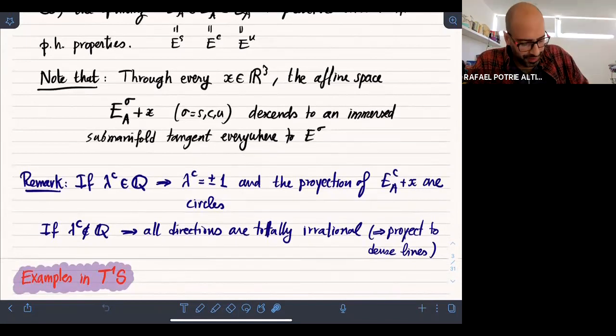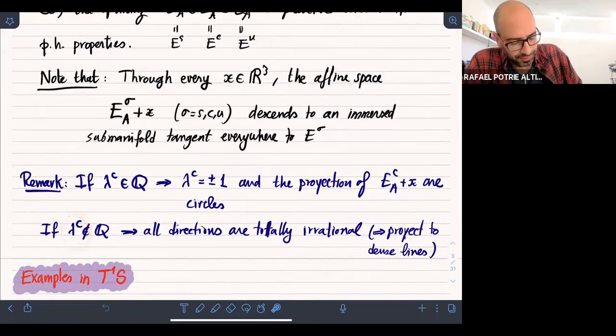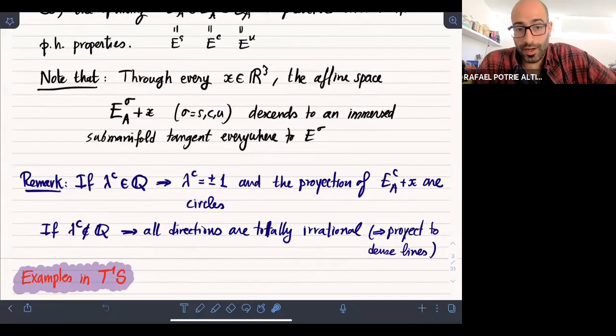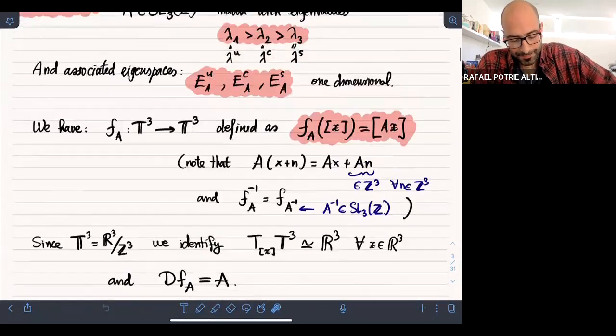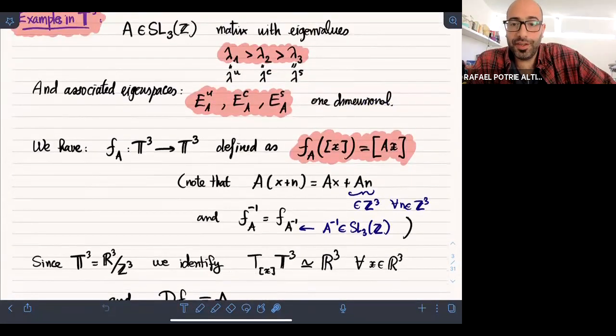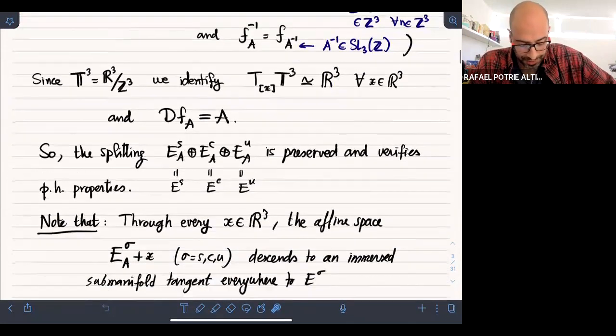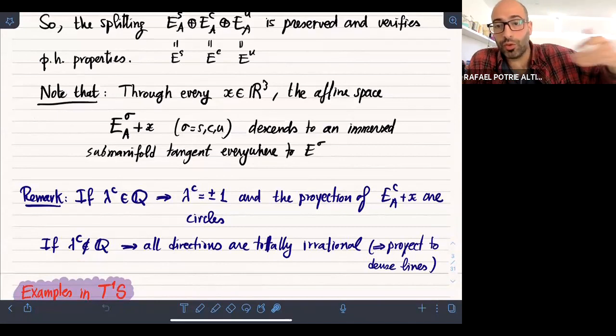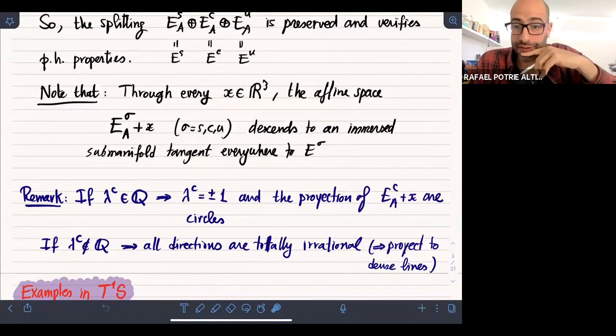It only depends on the center, because the only rational eigenvalues you can have are plus or minus one. Since we are assuming that the three eigenvalues are real and different, you can only have one rational one, and in this case you get circles. If the center one is not rational, then all directions project to dense lines in the torus T3.